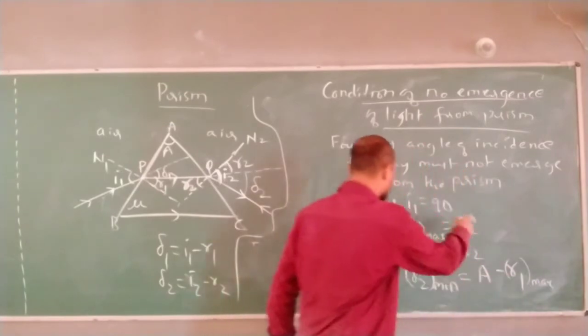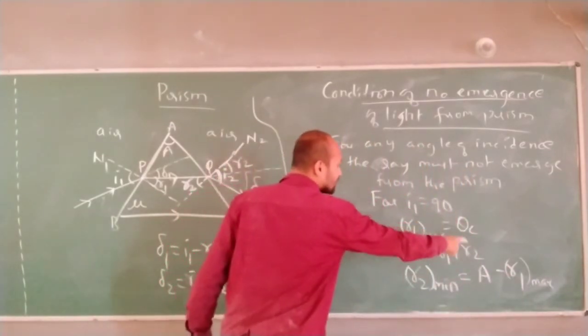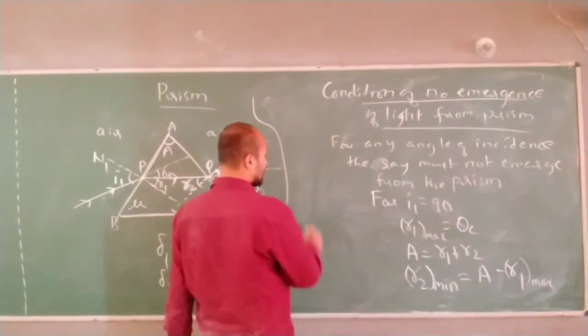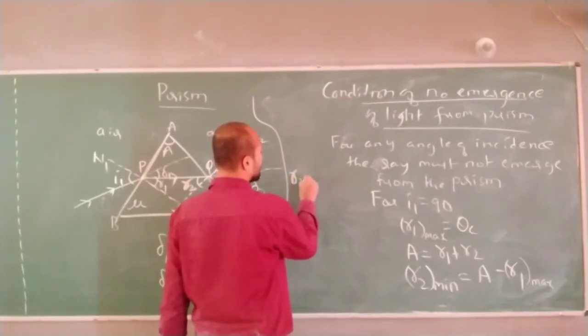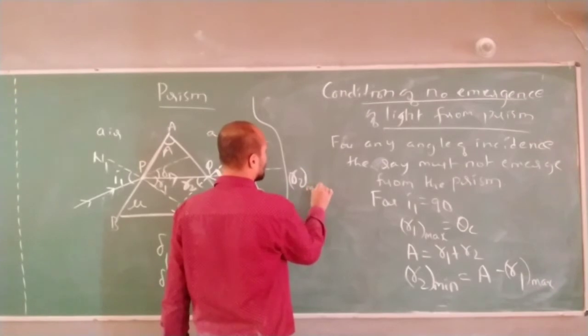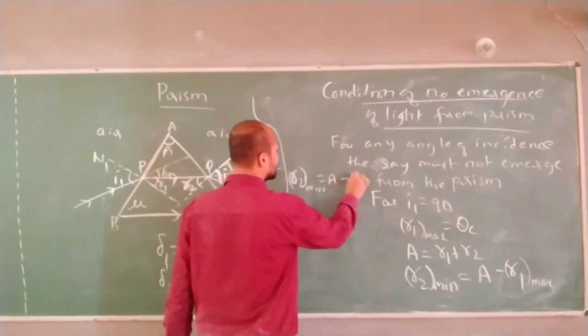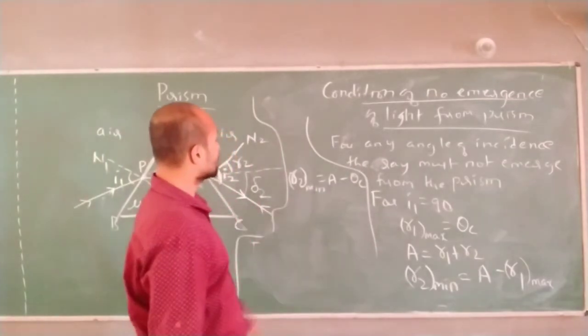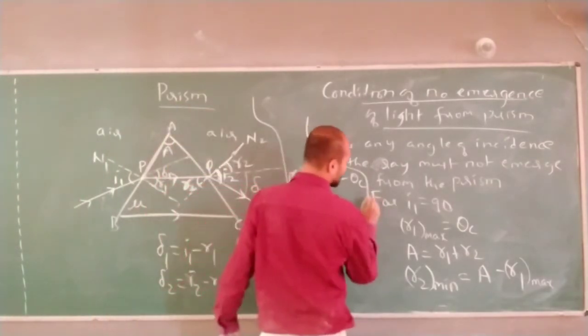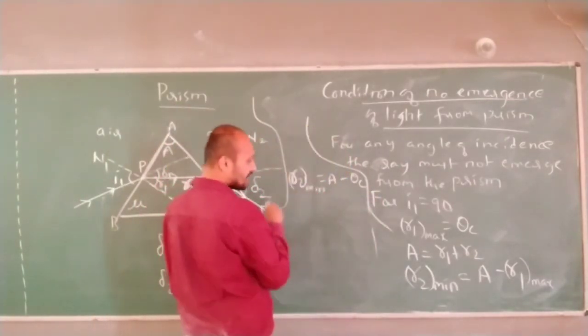What is R1 max? R1 max is theta c. So R2 minimum will become A minus theta c.